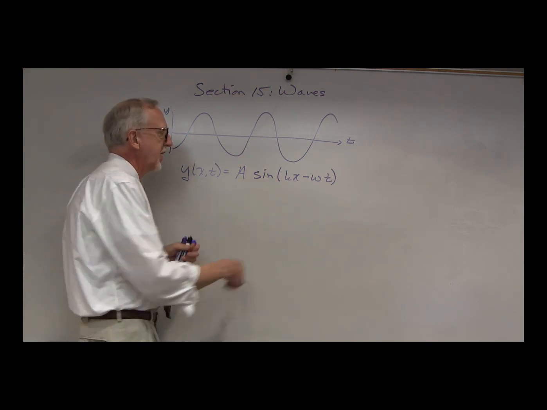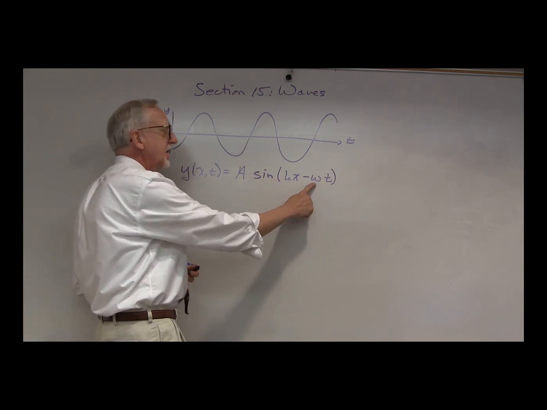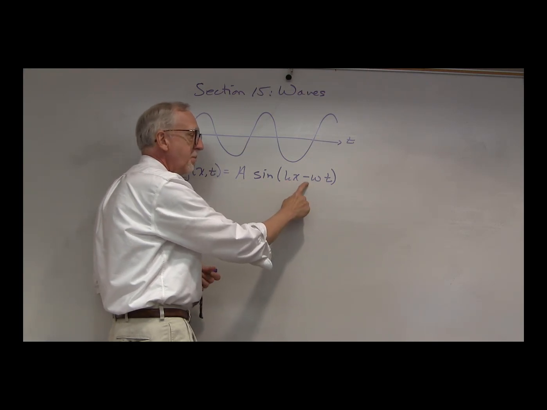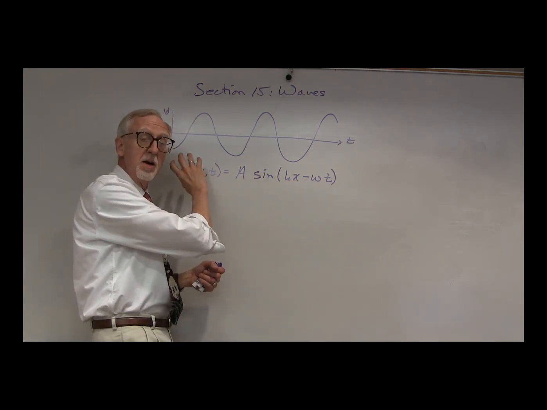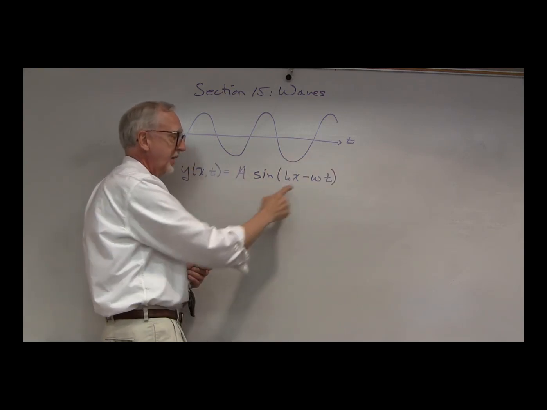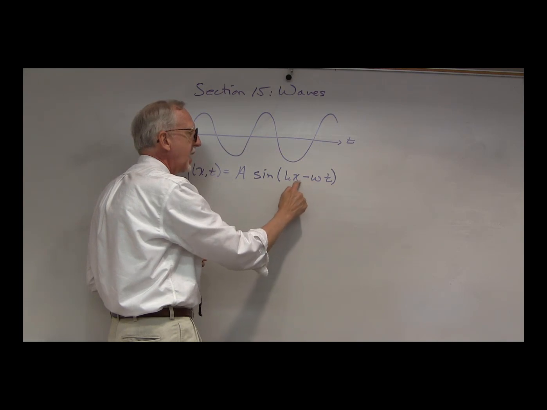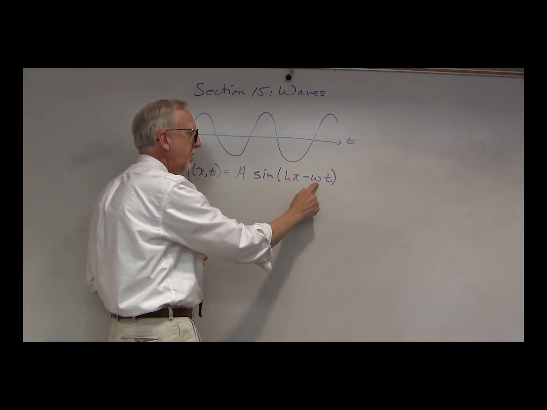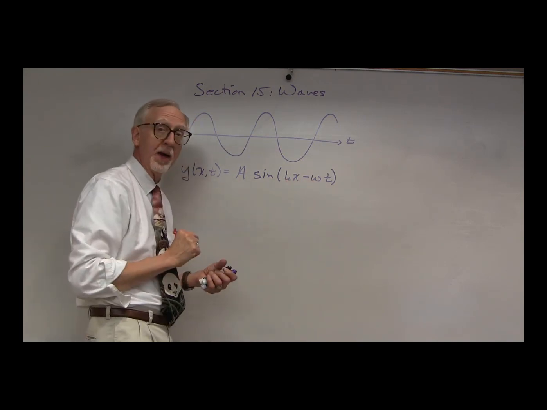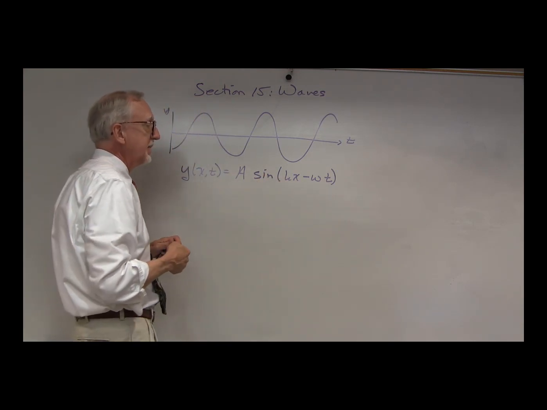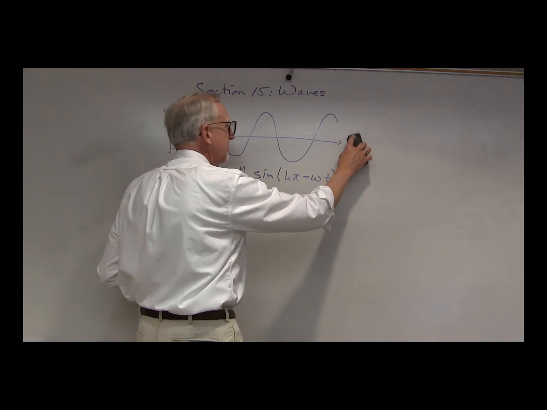And then I've put a constant in front of the x and a constant in front of the t. So we've got kx minus omega t, and that minus, remember, tells us we've got a wave moving in the positive direction, assuming omega is positive. Let's see if we can figure out what these two variables mean, the k and the omega. Well, for x, sorry, I wrote this as a function of t.